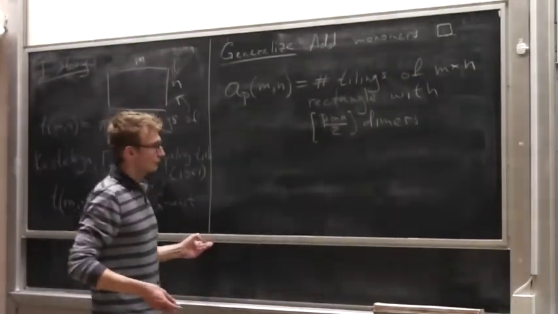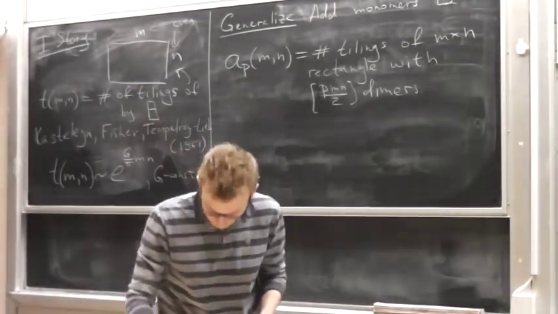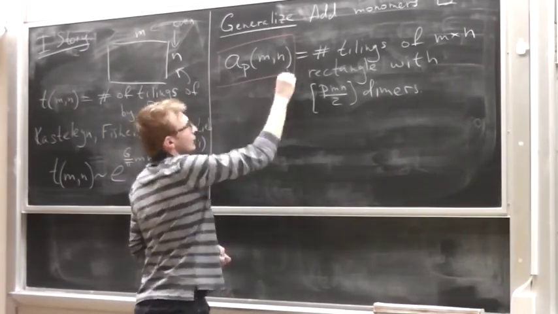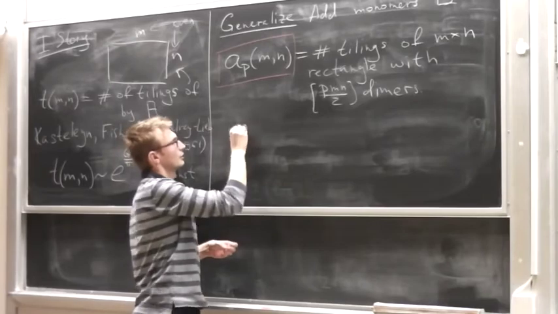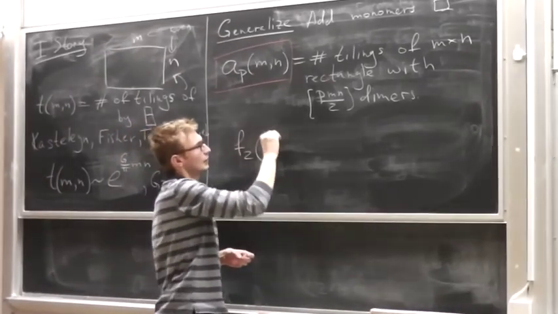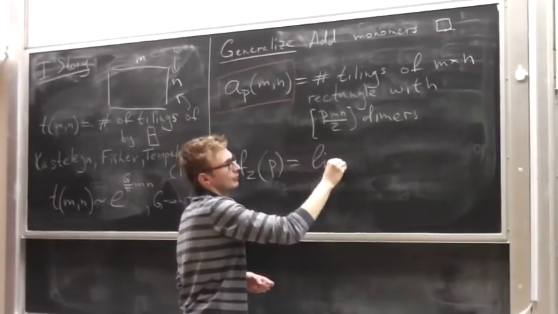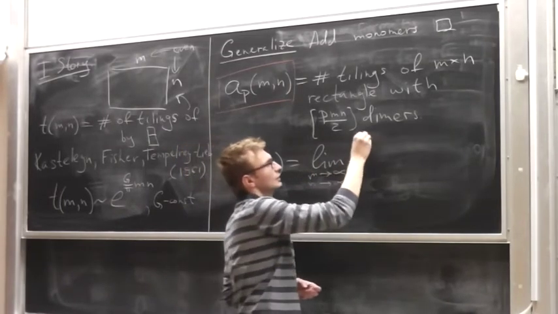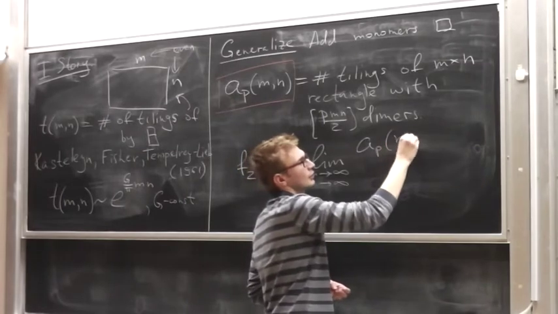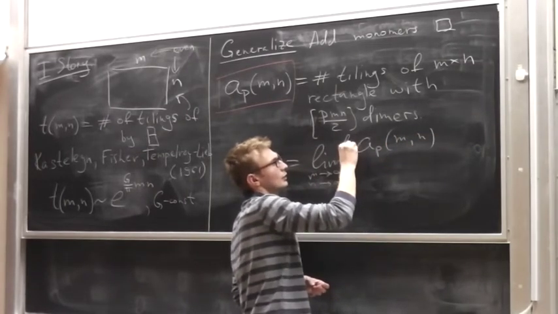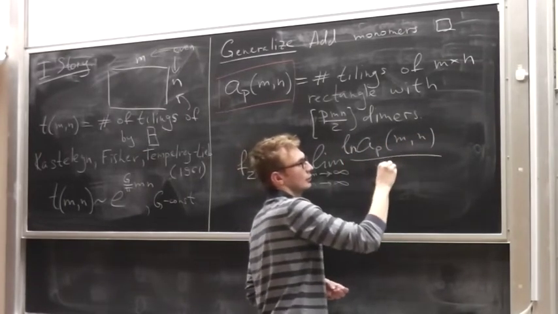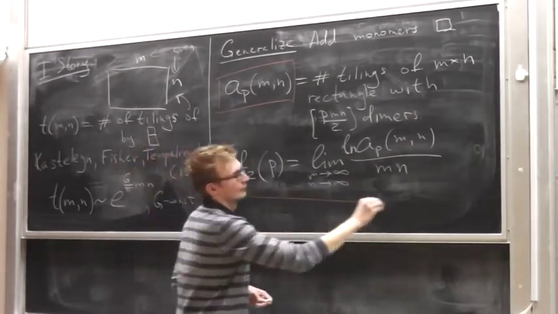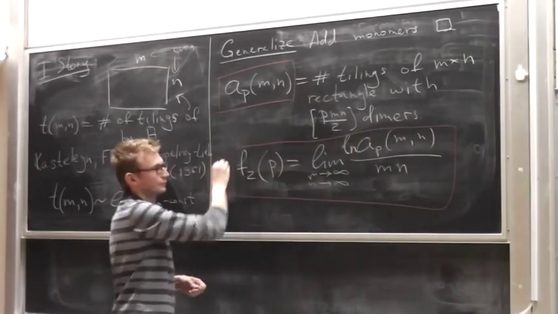So this is one important thing, and then another important thing is that Q(p) is the limit, as m and n go to infinity, of log A(p,m,n) divided by mn.